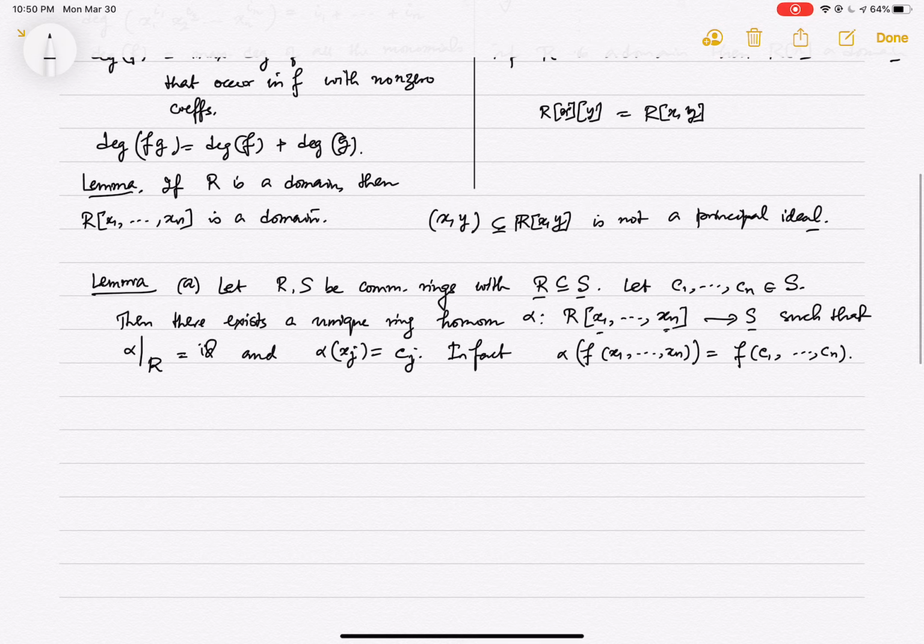A special case of this we'll need says that let's introduce a bunch of other variables. Let y1, y2, ..., yn also be variables.